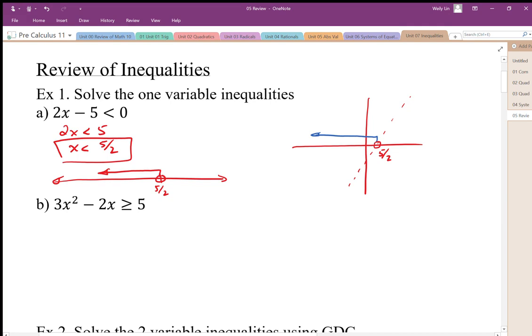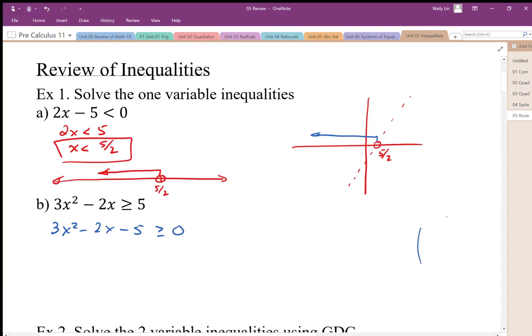For the quadratic one variable inequality, it's a little bit harder because we have two zeros and multiple regions that we could test. We can look at this in terms of a graph as well. First of all, we're going to write this as a quadratic equal to 0, so that we can factor it.